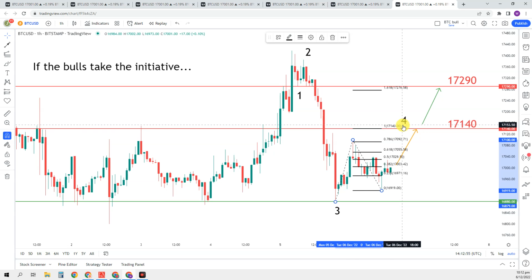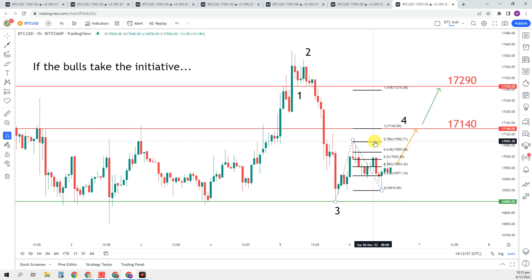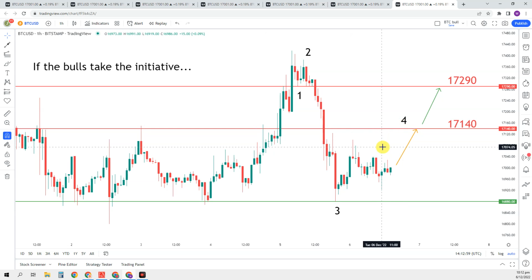So this confluence gives us the level for the bulls to break if they want to see a higher move to 17,290. And for your information, 17,290 is the wave 1 overlap resistance. If the bulls can move higher than 17,290, this entire bearish Elliott wave structure will be invalidated.